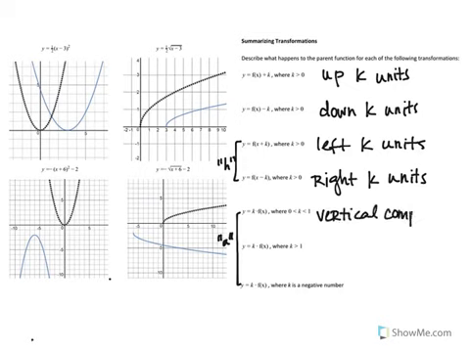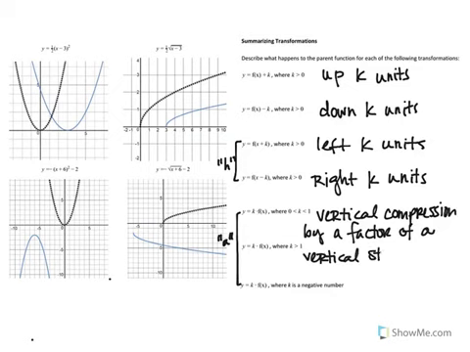compression by a factor of a. When we have a k that is greater than 1, this is going to cause a vertical stretch by a factor of a, or in this case actually k.